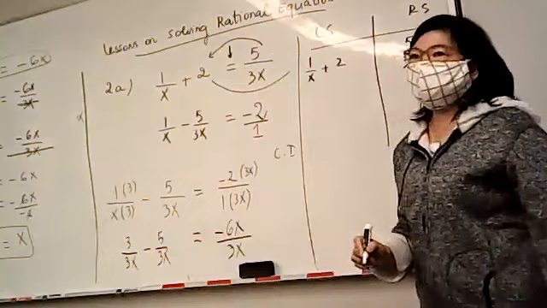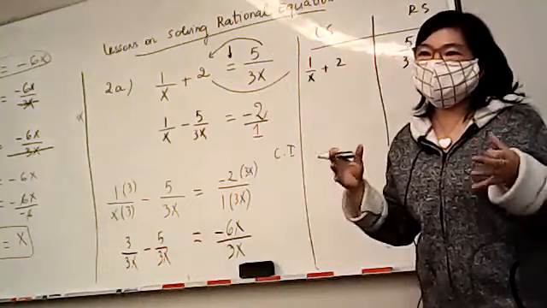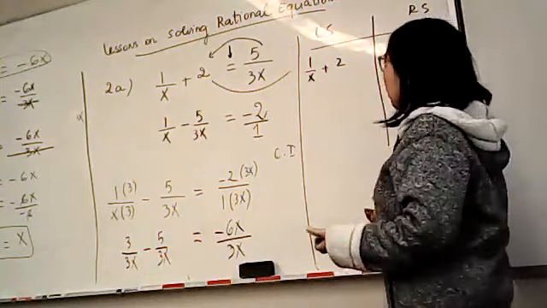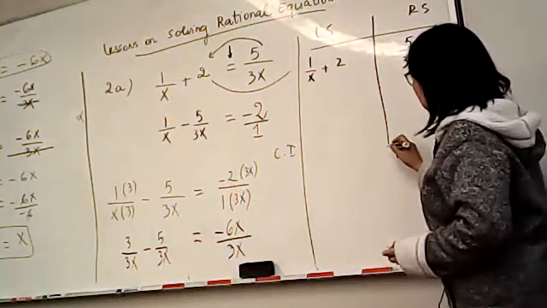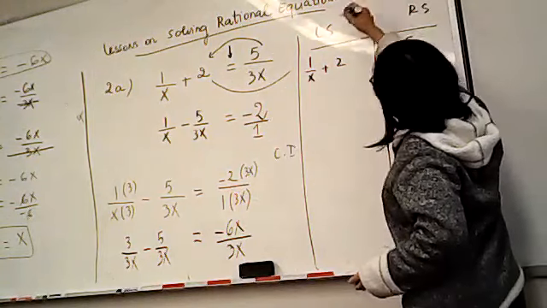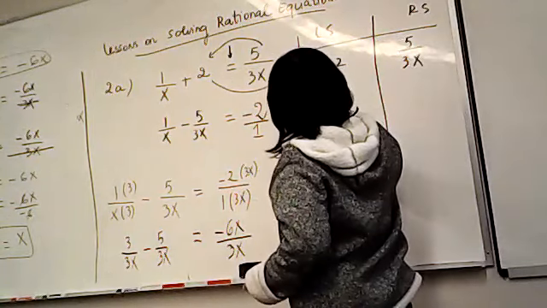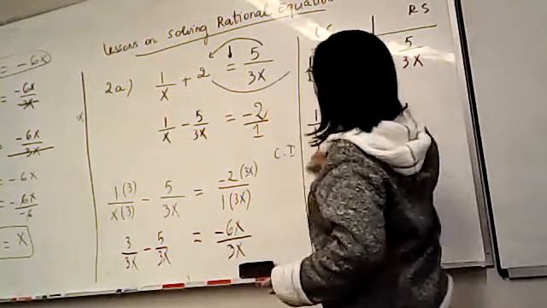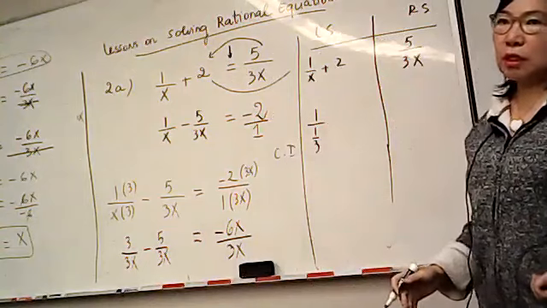Let's check that, to see if our answer is correct. The answer is the same as the key, so it must be correct, but let's verify. We know this is the value of x, 1/3. We substitute back: 1 divided by 1/3. What does 1 divided by 1/3 equal?